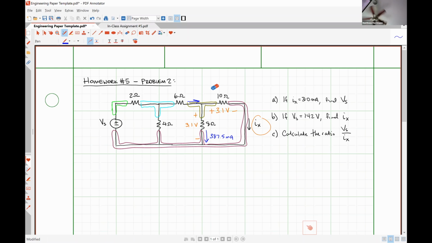So 387.5 plus 310 is 697.5 milliamps. From this, we can find the voltage drop over the 6 ohm resistor.